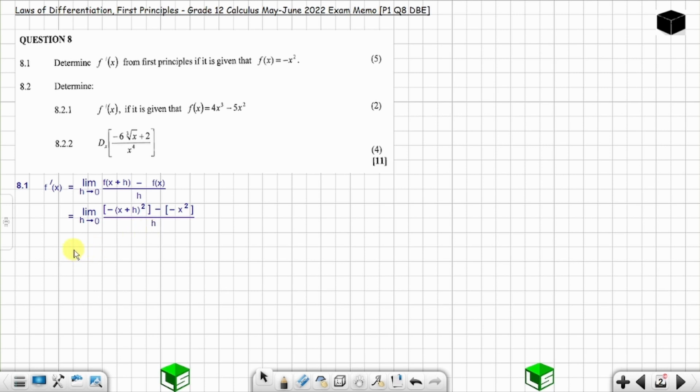You carry on. This is equal to the limit as h goes to 0. You have this square bracket minus. Now you are going to expand this bracket. So you have x to the power of 2, this is x squared. We are expanding the bracket.